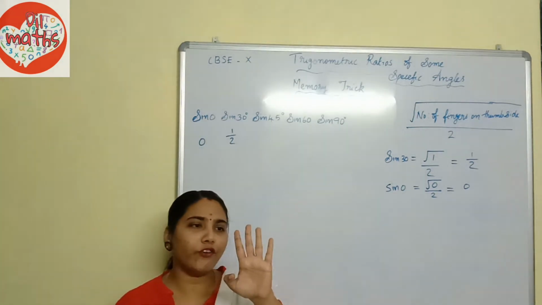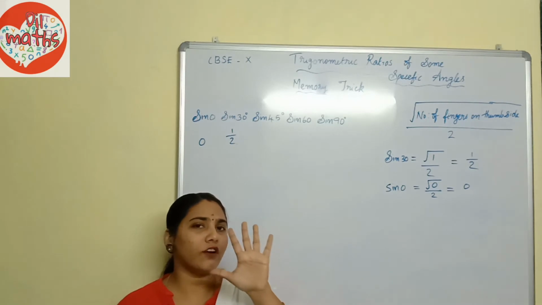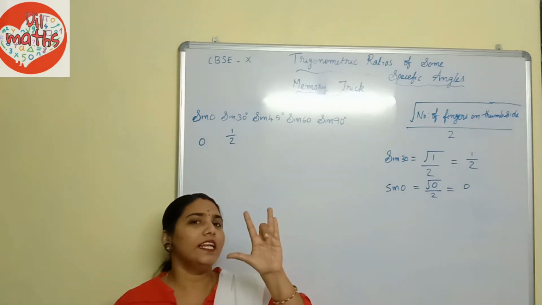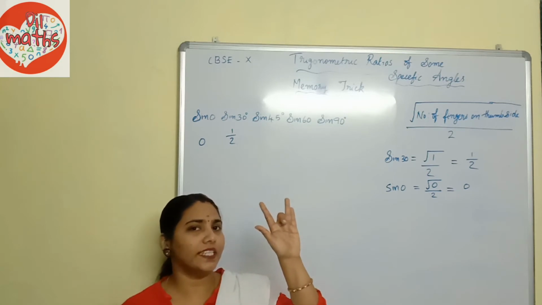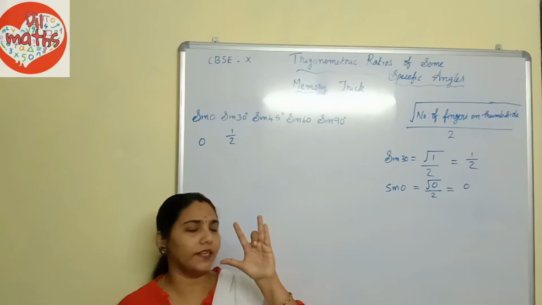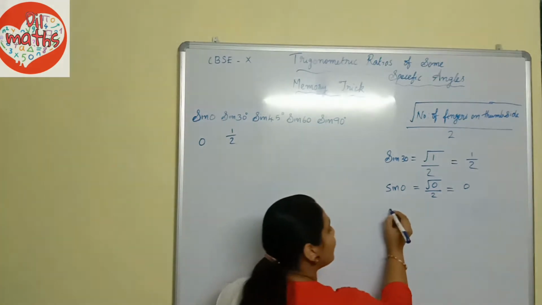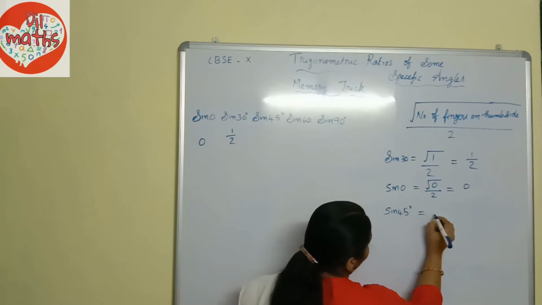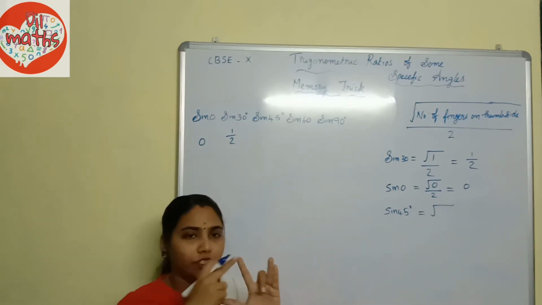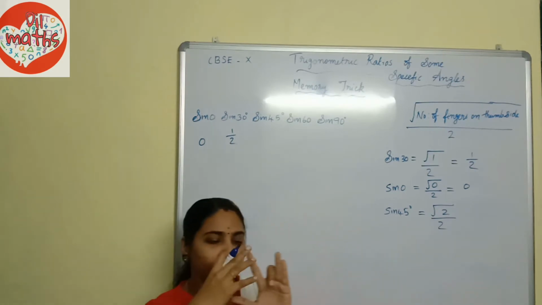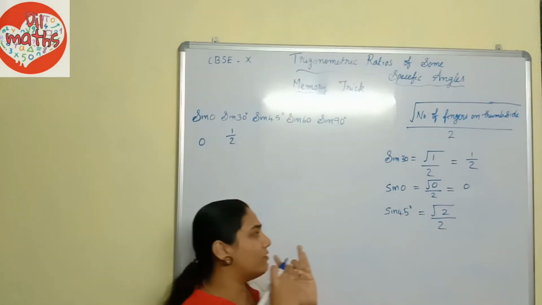Next one, sine 45. Which one is 45 degree? This middle finger is 45 degree. So how many fingers are left on thumb side? 2 fingers left on thumb side. 1, 2. So sine 45 is equal to square root of 2 by 2, because 2 fingers are left on thumb side, so we have to take 2.